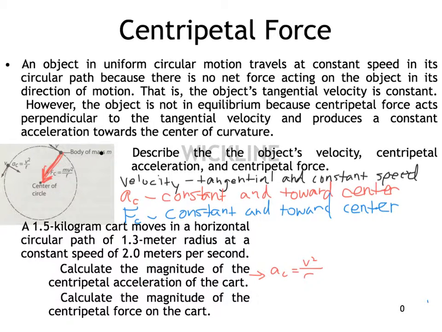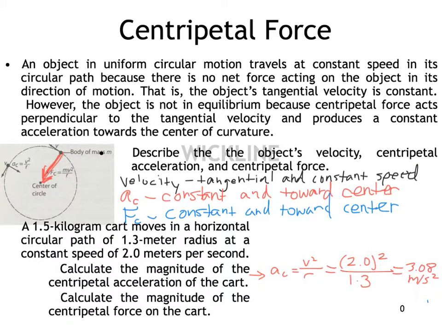I know I am leaving out the mass, but this equation doesn't include mass, and that's okay. The v, the velocity, was the constant speed of 2 meters per second. Don't forget to square that. Put it over the radius of 1.3 meters. I'll calculate that. I got 3.08 meters per second squared.